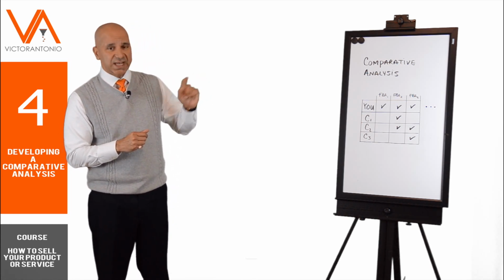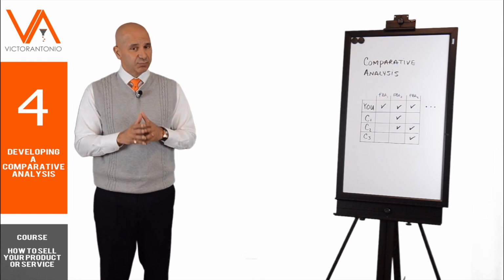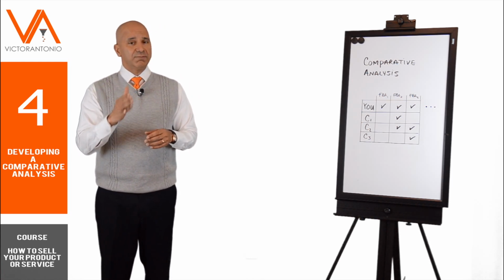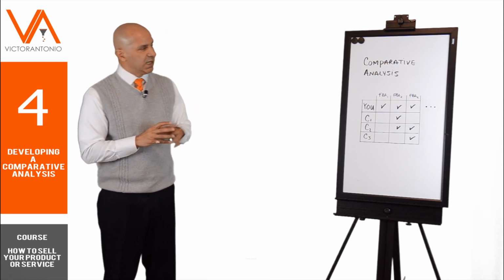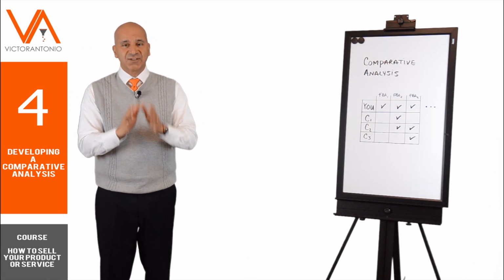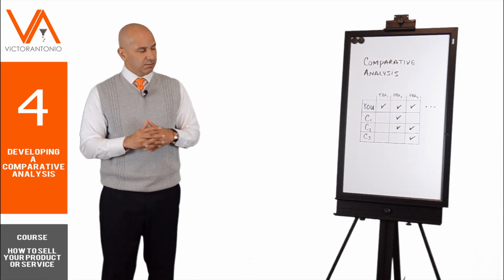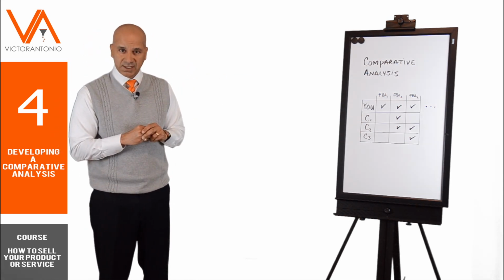Next column, FBA 2, write another feature, benefit, advantage that you have. Again, we did this in the previous module where you talked about feature, benefits, and advantage. So just list one of those there. Pick your top 3 right now. Then, third column, list your third top feature, benefit, advantage that your product or service offers. Okay? Then put a quick check mark across all 3 in the top column. Get the idea?